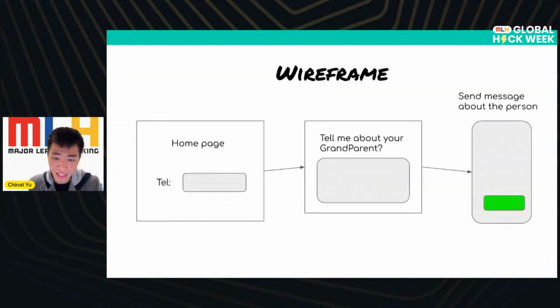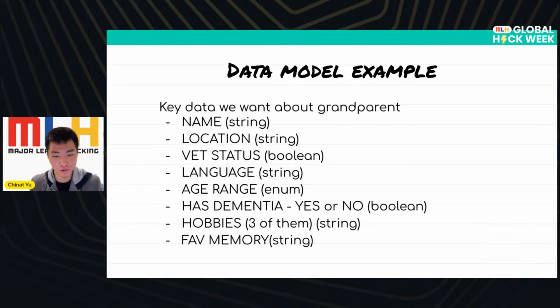And tying it back earlier to here, if you think about this front end, the simplest data model is just a telephone number and information about grandparents, which could be a string. But with this specific data model, we broke that down into sub points that we actually wanted to collect more information on.